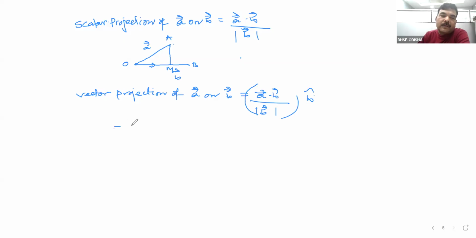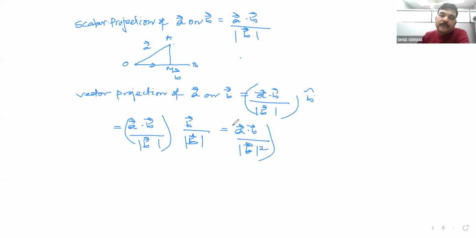This is equal to A dot B upon B mod into vector B upon B mod, which equals A dot B upon B mod square into B bar. Right?